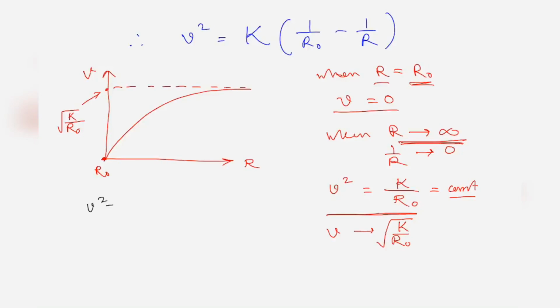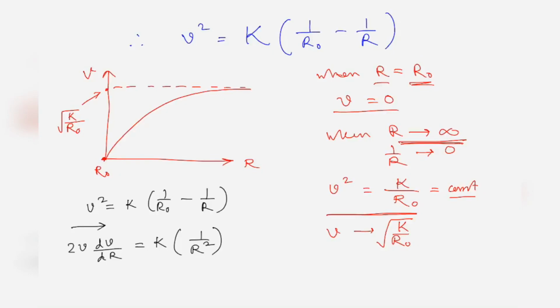So v square equals k times 1 by r naught minus 1 by r, and if you take the derivative of this with respect to r, it will become 2v into dv by dr equals, so 1 by r square, right student, because the derivative of 1 by r is minus 1 by r square, so minus minus becomes plus, so k by r square, right?